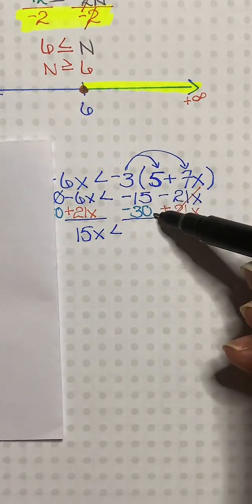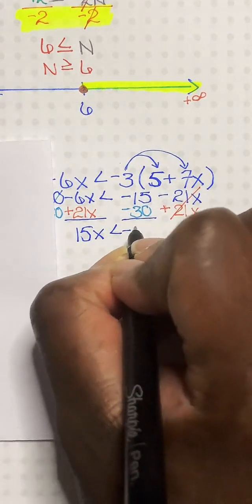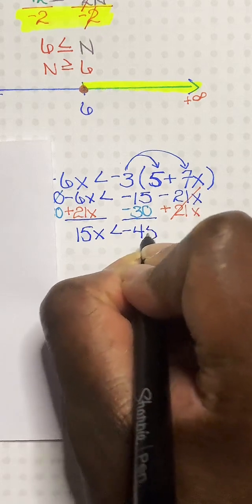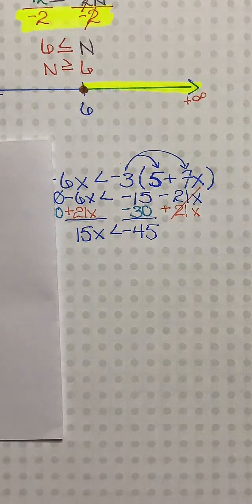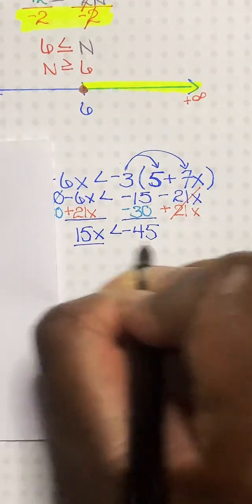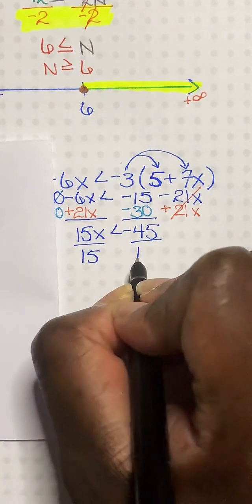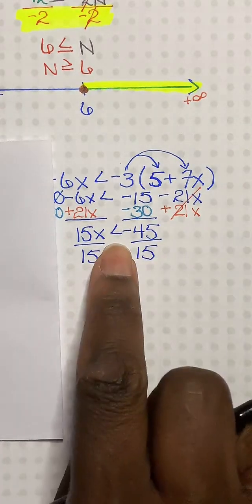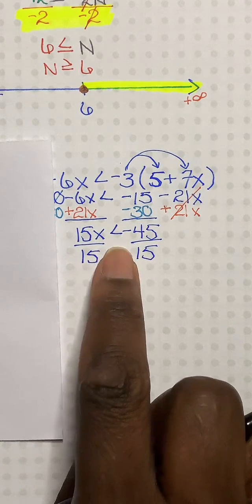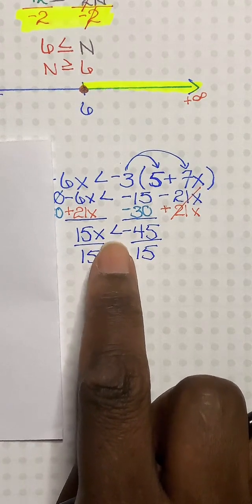Negative 15 minus 30 gives me a negative 45. All right, good. Thank you, everyone. So we divide both sides by that positive 15. So do we change the direction of my inequality? Do we change the direction of the sign?